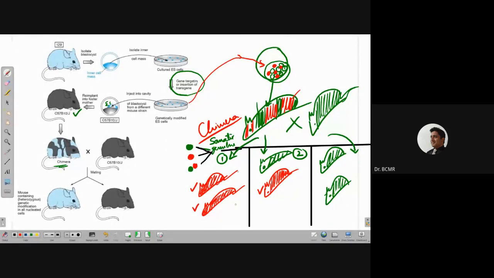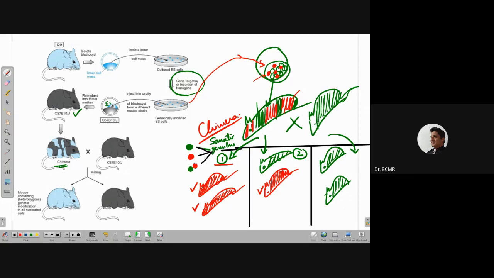If all the offspring are red in color, that means in this chimera, all of the germplasm is derived from the implanted engineered embryonic stem cells.